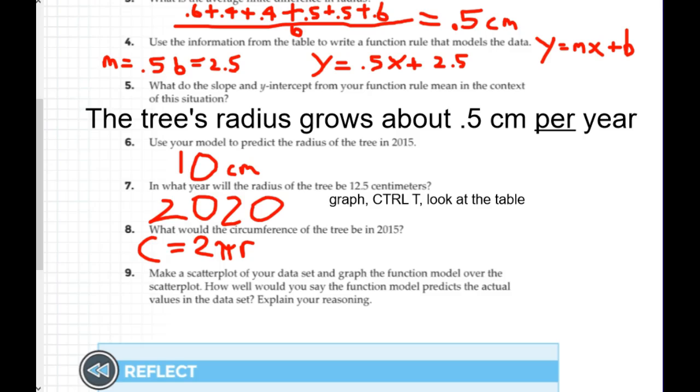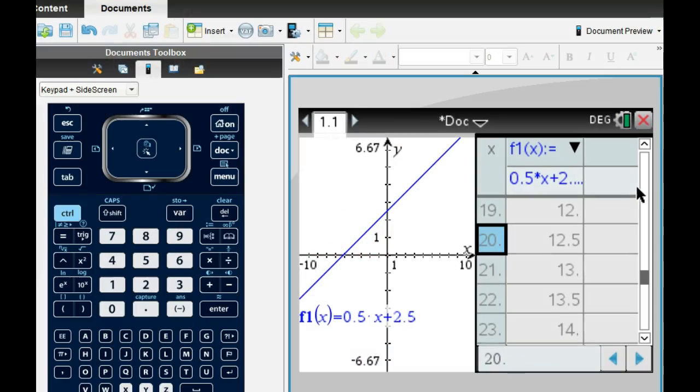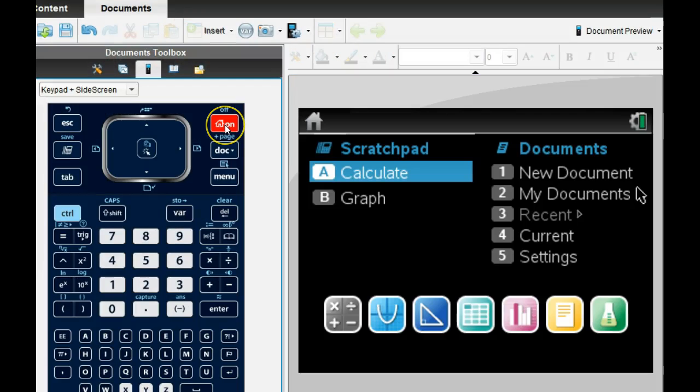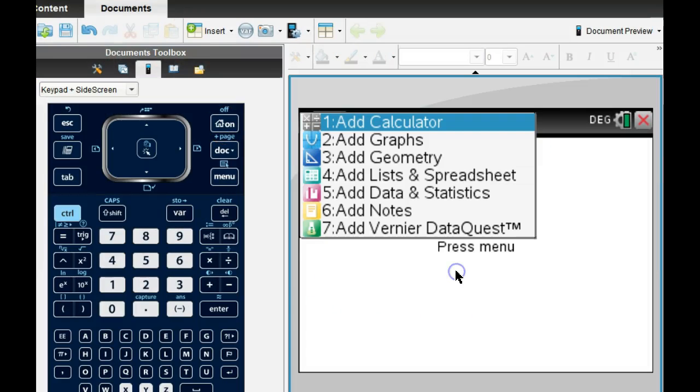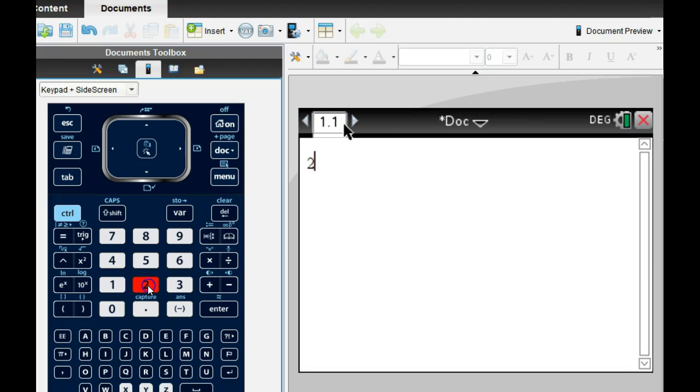So all we got to do is take the 2015 radius. Wait a minute, we did that. 10. So we're just going to plug in 10 to this, okay? 2 times pi times 10. So I'll go to my new document. 2.